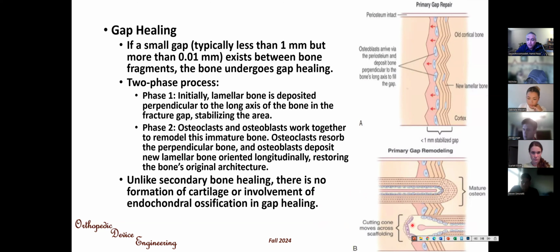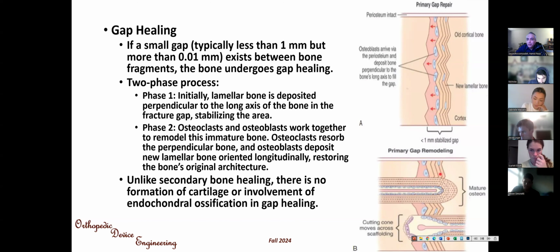These cutting cones cut through the layers of the new bone and turn these transverse layers into osteons. And again, a primary bone healing happens with creation of the new bone with the same structure as the original bone.